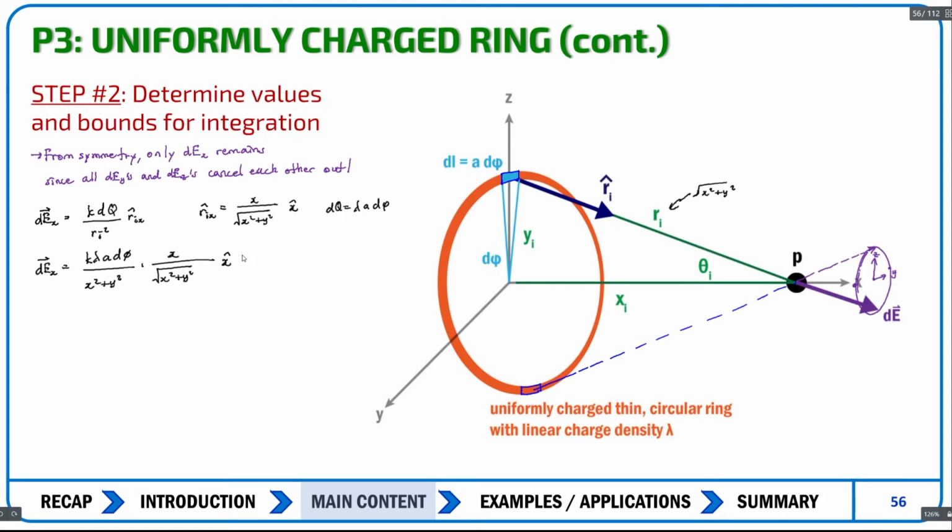So let's try to simplify this even further. We have dEx being equal to k lambda a d phi. Let's put an x in front here. And then we have x squared plus y squared to the power of 3 over 2 in the x hat direction. Now the next step really is to just integrate.